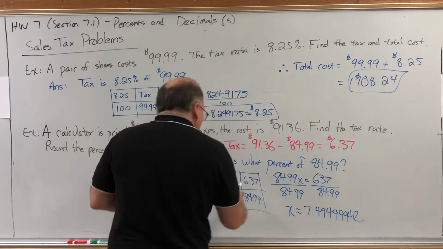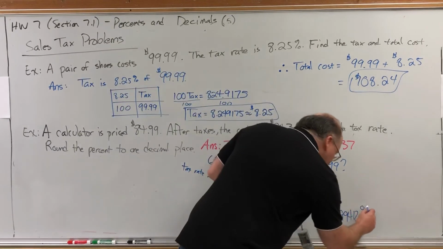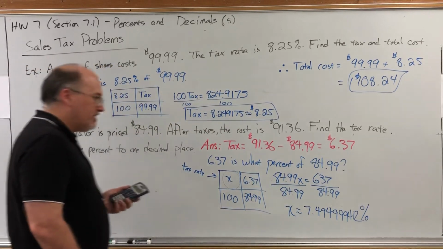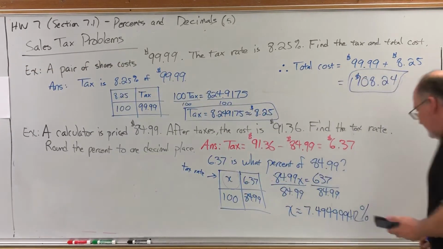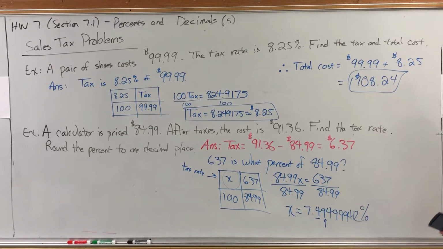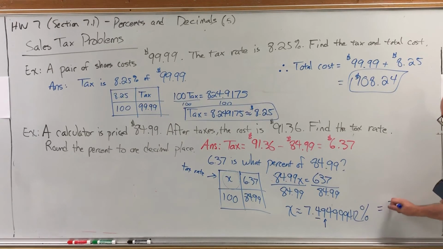And remember, the number that's up here already represents the percent, and we're asked to round the percent to 1 decimal place. So round to 1 decimal place, to the 4. Look to the right. The next digit is at least 5, which means we're going to round this 4 up. And so our answer is 7.5%.